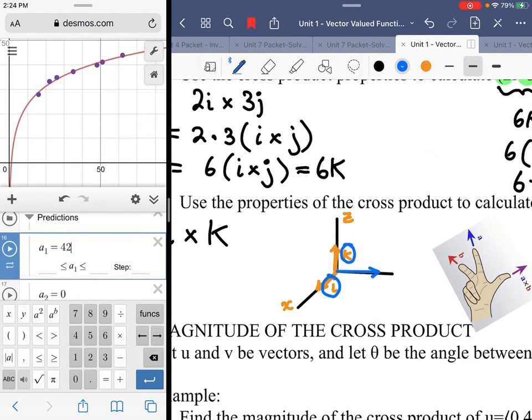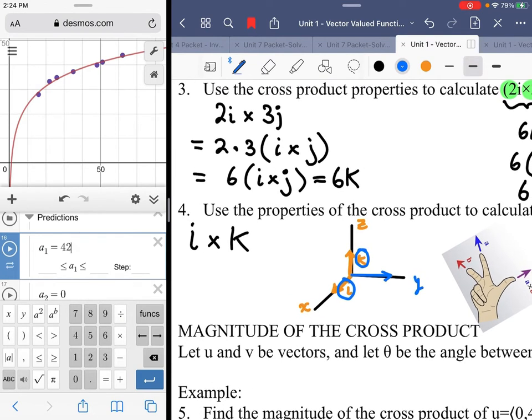in the positive y-axis, would not be the result of i cross k, it would be the result of k cross i, right? Which is the exact opposite of what we want. Now, by the anti-commutative property, it tells us that in the opposite direction, we would have i cross k, all right?